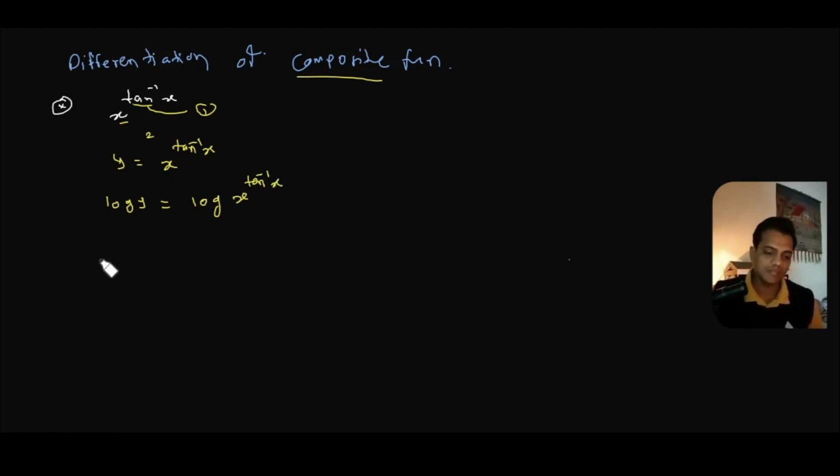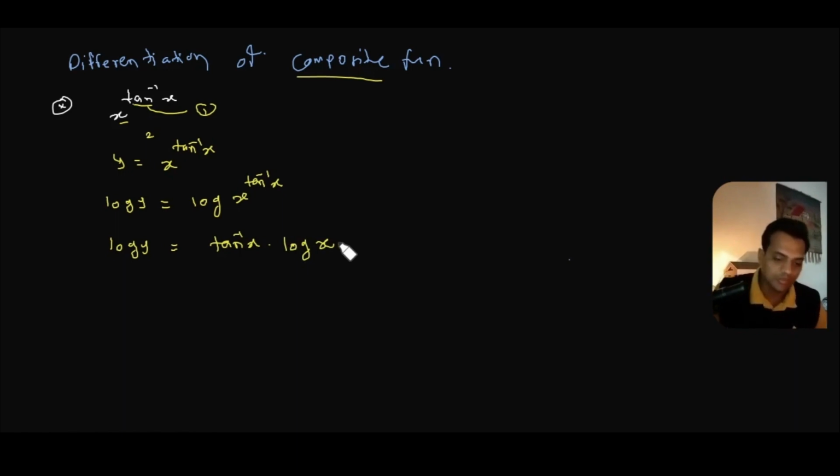Whenever we apply the log on x raised to something, the raised-to term comes into multiplication. So I get log of y is equal to tan inverse of x multiplied by log of x.